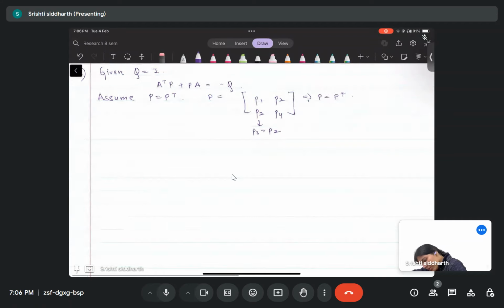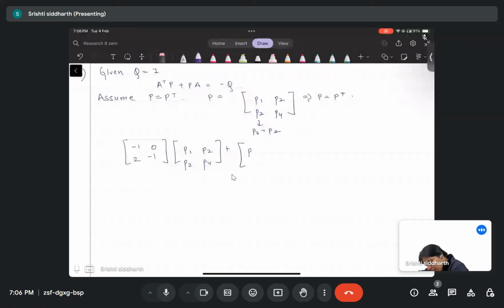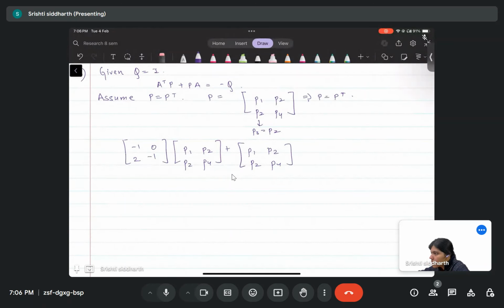Okay. So now let's substitute this matrix. So we have A transpose, minus 1, 2, 0, minus 1 transposed, times P, which is P1, P2, P2 and P4, plus P times A, minus 1, 2, 0, minus 1, equals minus identity.